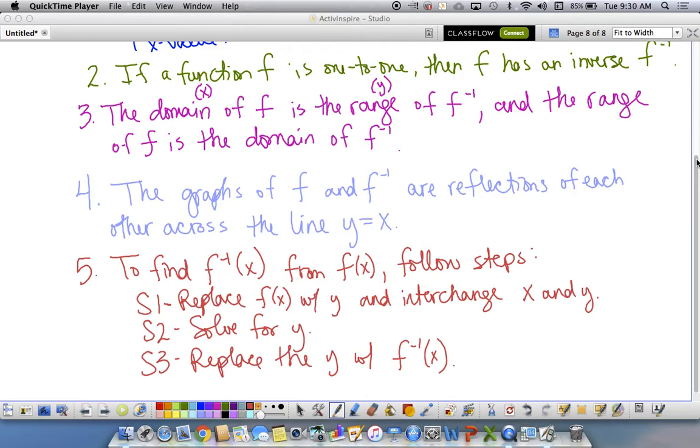So now let's work through some problems. I'll give you just a moment. You can pause it actually. We can go on. So if I give you a function, I'm going to start out pretty nice. I'm just going to start out with a line. So here's our first example.